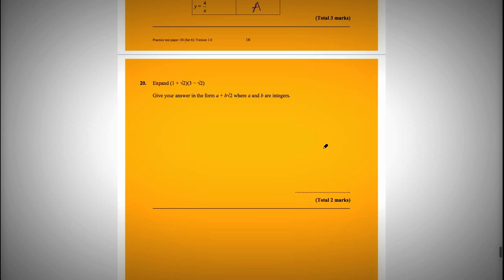Question 20, expand this surds in double brackets. So, as usual, firsts, outsides, insides, lasts. So firsts is 3. Outsides is minus 1 root 2, so that's just minus root 2. Insides is plus 3 root 2.